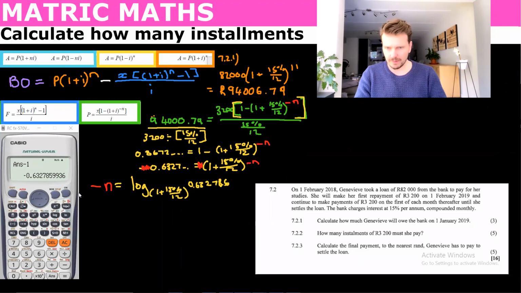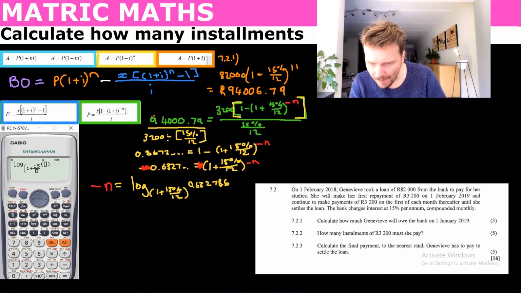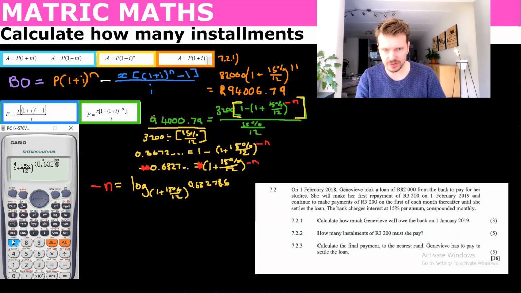Clear this, and we're going to say log, this button here, and it's going to be 1 plus, and then the brackets, 15% over 12, and then this value here is 0.63278.